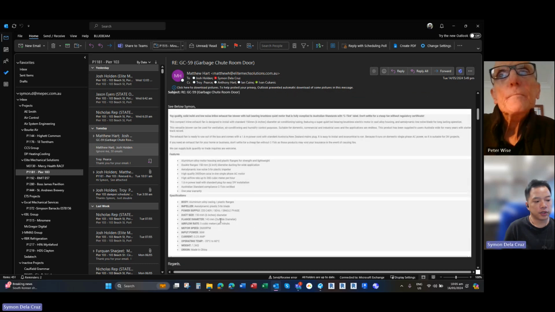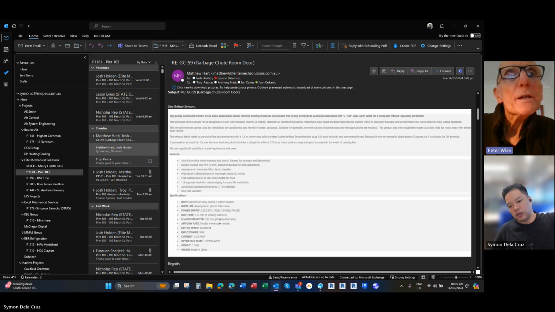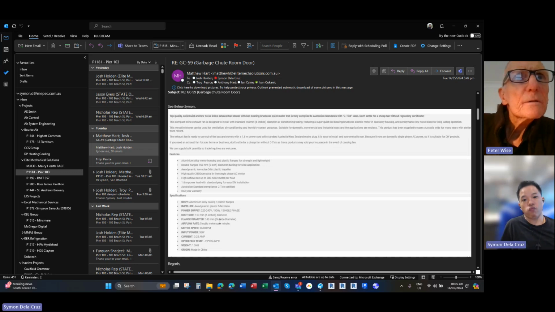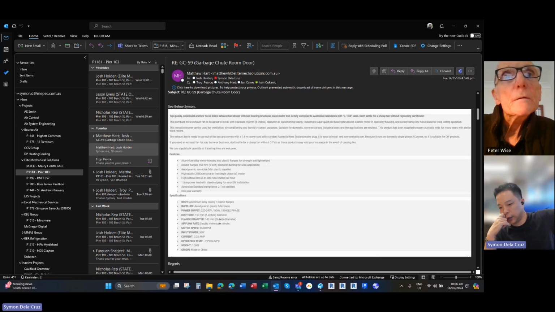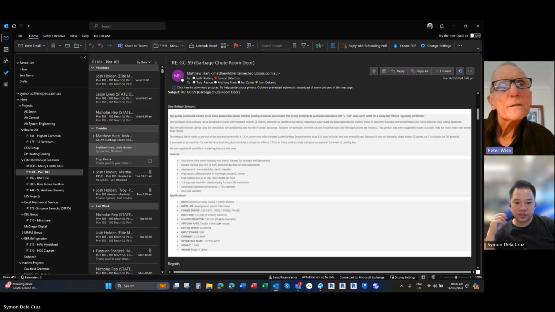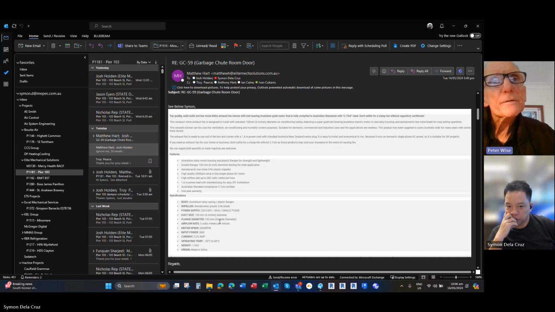The selection of the fan on the garbage chute. It was selected for 80 litres a second by the consultant, with the other contractor, but the minimum for the code is 100 liters per second. Well, I just changed it. It's not going to make that much difference. Just make it 100, yeah.